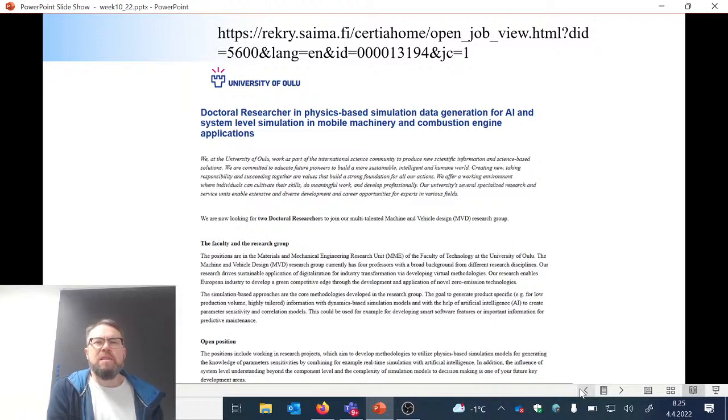In this project, the idea is to use artificial intelligence-based algorithms together with multibody system simulation. Why do we want to do that? Simply because most artificial intelligence algorithms need an awful lot of data, so much data that it's inconvenient to produce it by using experiments.